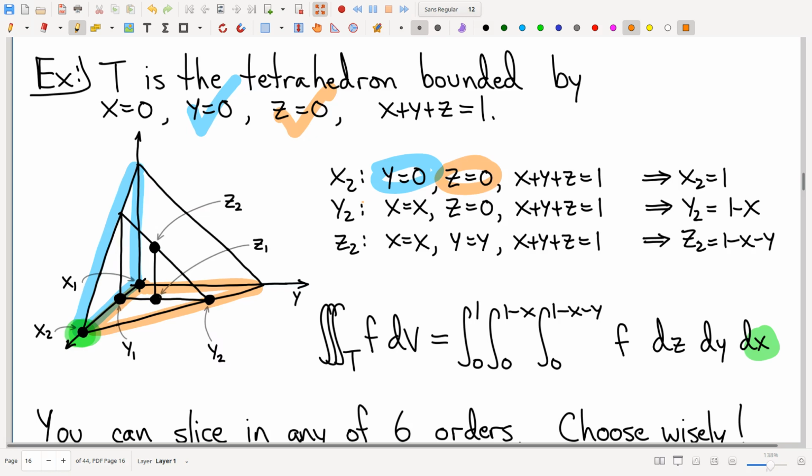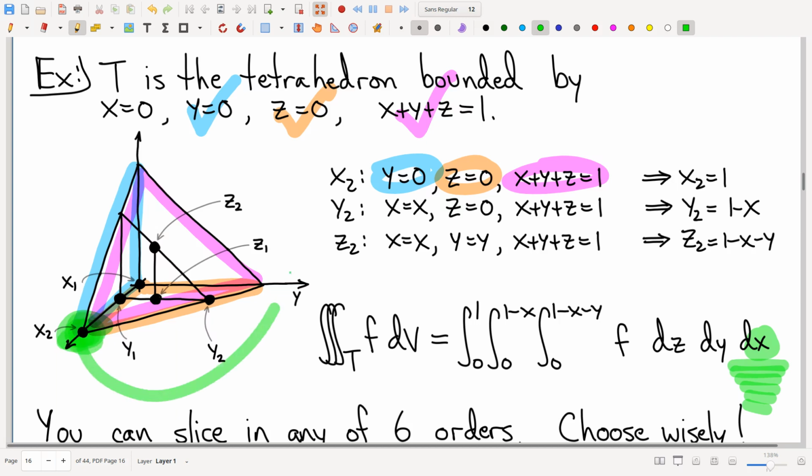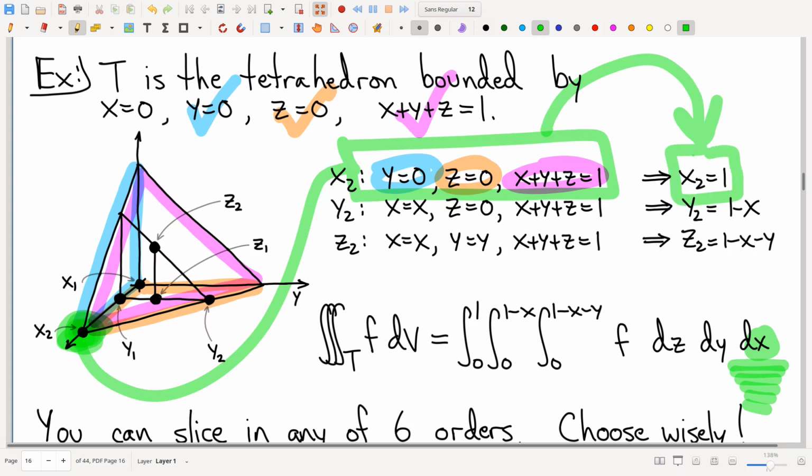And I can also see from the picture, got to have a picture to see this, that the point I'm interested in is on that plane. So altogether, if I want to know where that point is, and more to the point, the value of x for that point, then I need to solve this algebra for x. And you get x equals 1, and thus our upper bound for the x integral is 1.